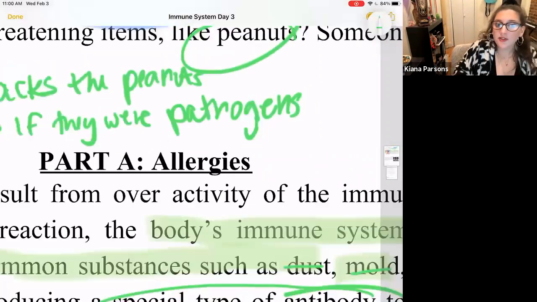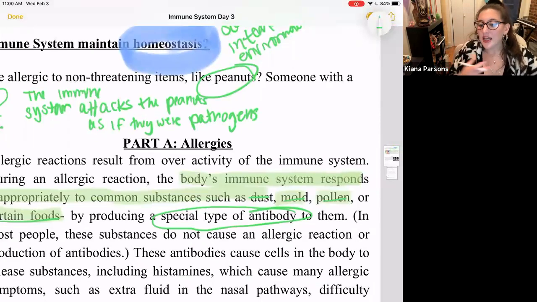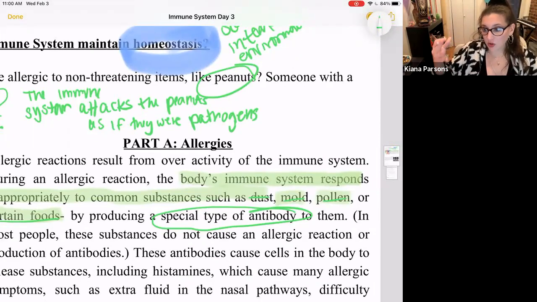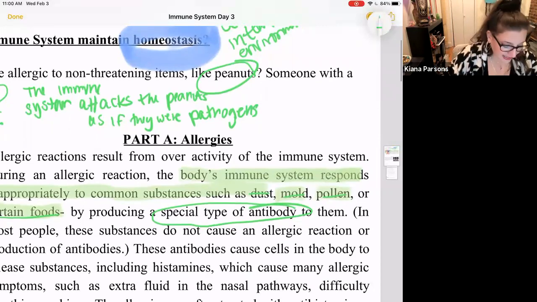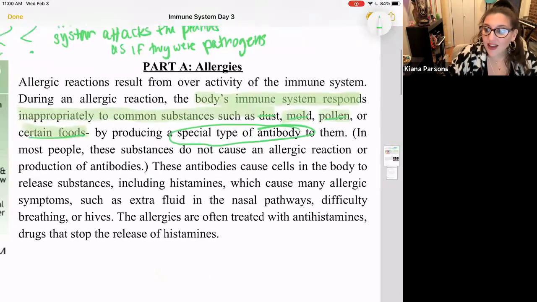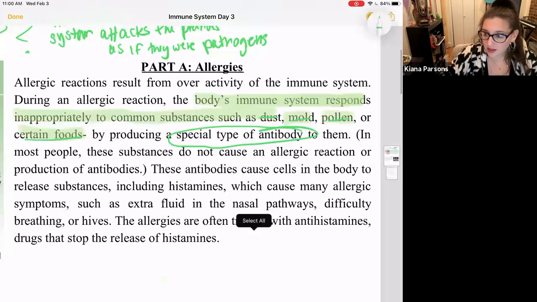So the immune system confuses a common substance, something that is not harmful to you, as a harm-causing substance. And what that means is that your body is having an immune response to something that isn't actually going to make you sick. And that's what allergies are.